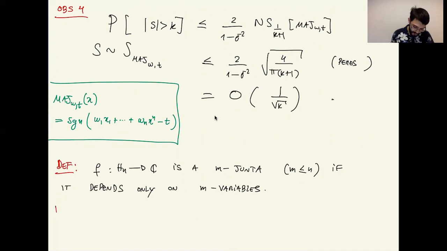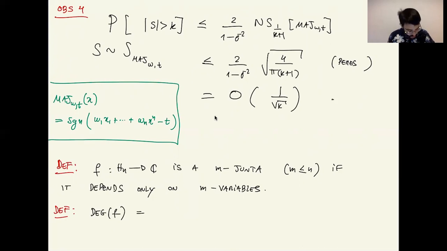Then let me define the degree of f. I think I defined it at some point. What's the degree? The degree of f is defined as what? Well, you expand f in monomials in a multilinear series, and you compute the degree of that polynomial.